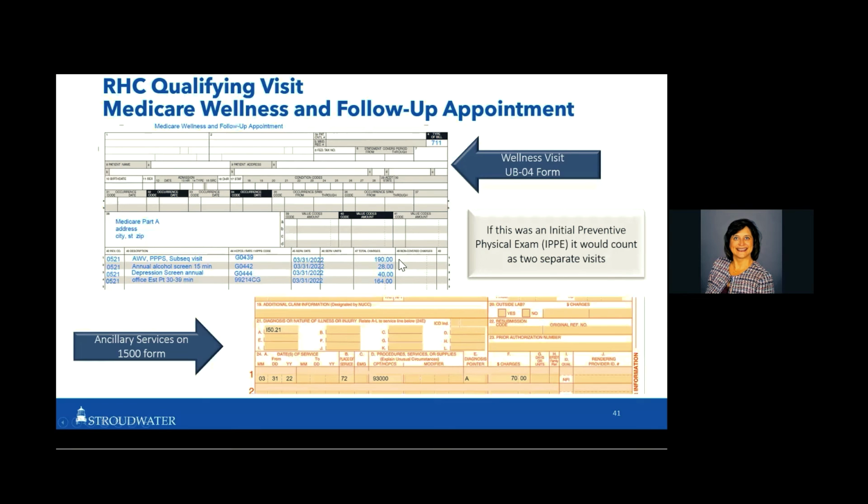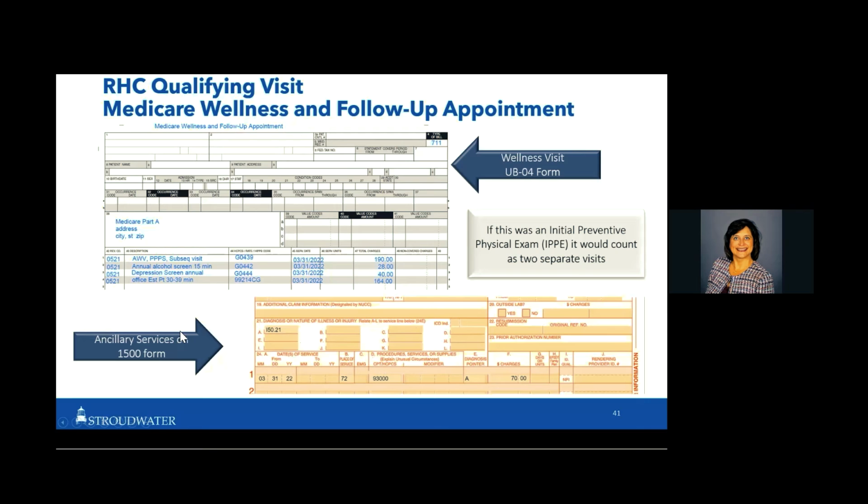And the reason we did this is because the $190, the $28, and the screening here, because they are preventative services, the patient would not pay a copay for this. So the patient does not have a copay for that, but they would for the item with the CG modifier. And then the ancillary services with the 93000 is reported on the 1500 form.